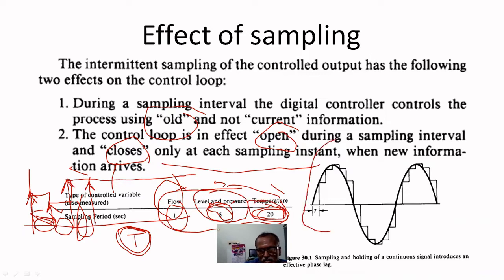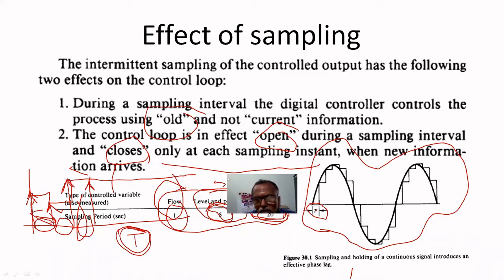Another important thing about sampling is that there is a phase shift in the process because of the sampling period. Let us see how. Here you see the output is sampled at this point.